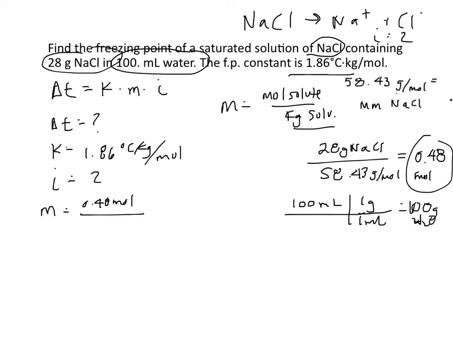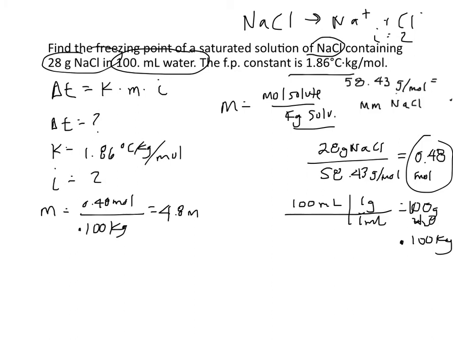If I convert that to kilograms, I'm going to have 0.100 kilograms. I just moved that decimal point. Now when I do my quick division, I'm going to get a molality value of 4.8 molal. So look, I have K, I have i, I have m.